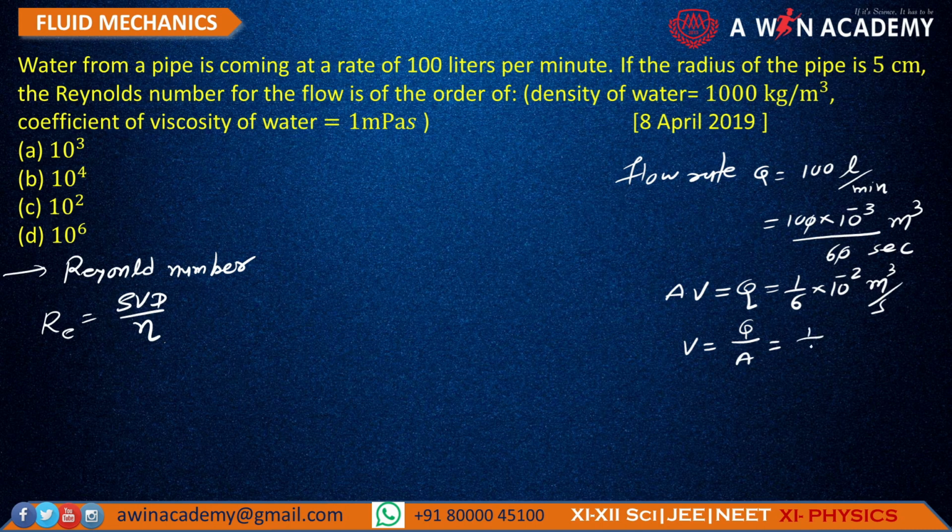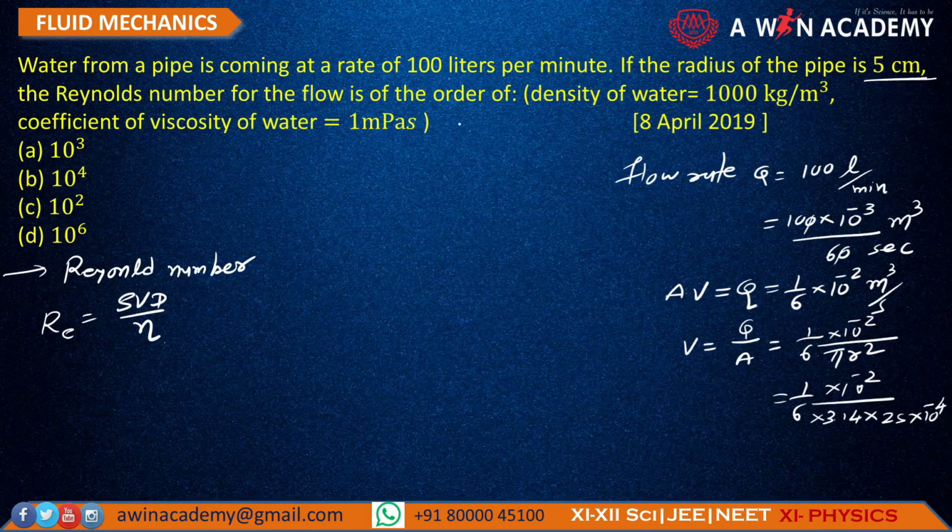Q is 1/6 into 10⁻² upon area, which is pi r square, so 10⁻² upon 3.14, r is 5 centimeter, r is given, then it will become 25 into 10⁻⁴, because r is equal to 5 centimeter. Convert into meter, then it will become 5 into 10⁻² meter. Put the values, we will get velocity here.